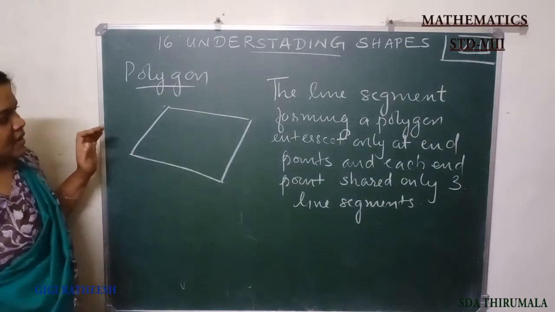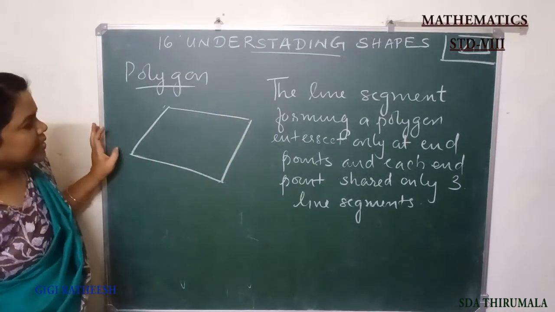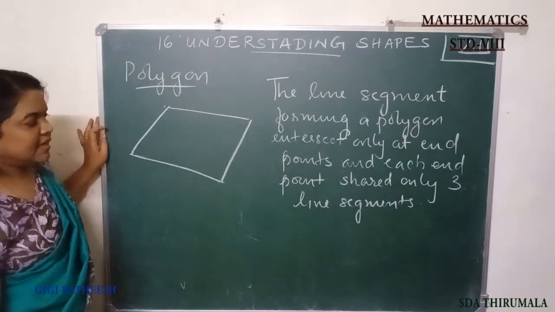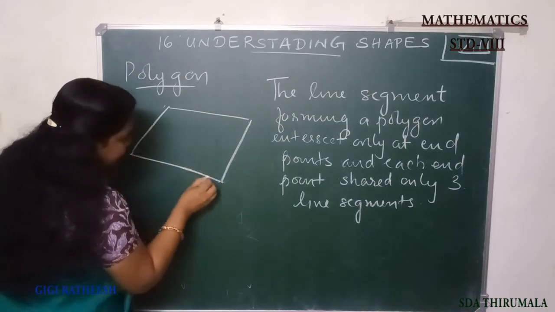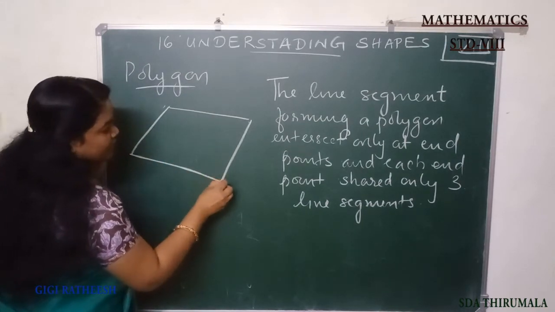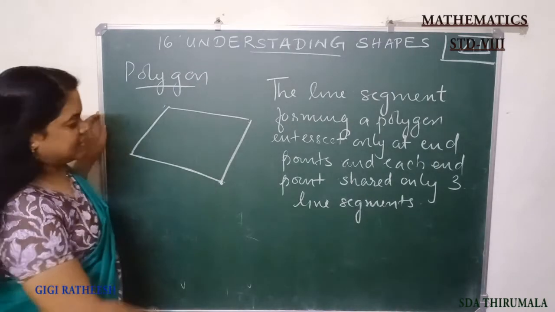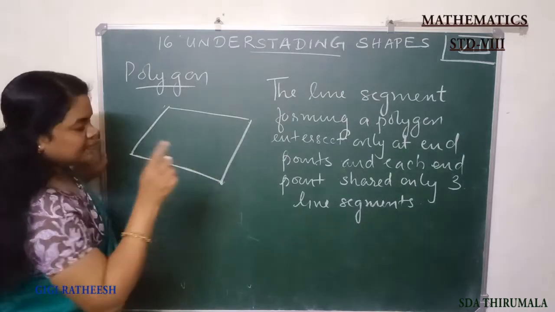And then here there is a statement about polygon. The line segments forming a polygon intersect only at endpoints, and each endpoint is shared by 2 line segments.